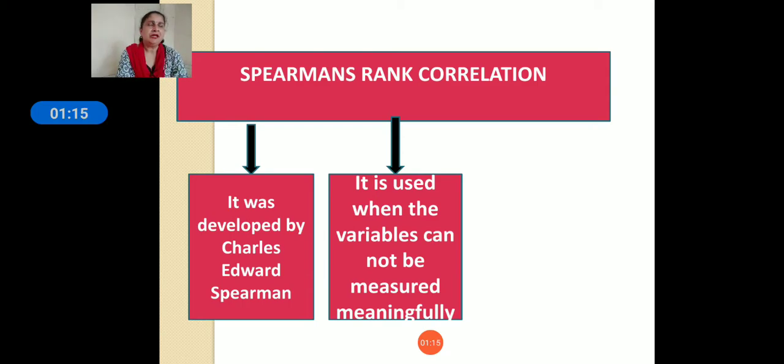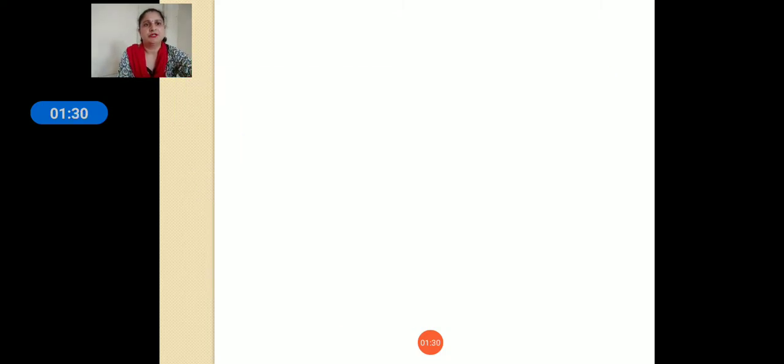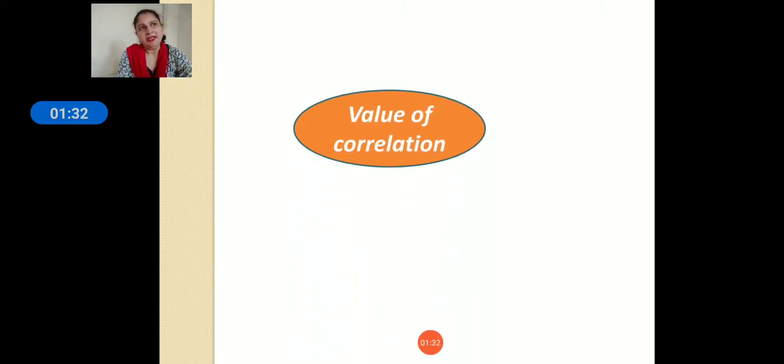Means if any specific type of relationship does not appear between the two sets of data. What we do in this method is we assign ranks to the variables and then their correlation is computed. The value of correlation lies between -1 and +1.